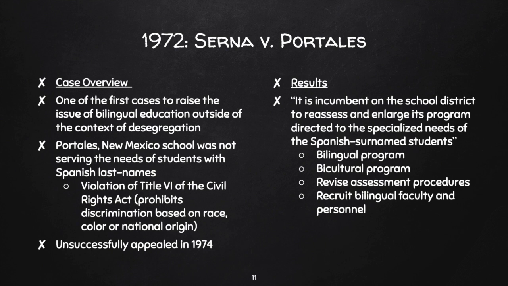The school district of Portales, New Mexico tried to appeal the ruling in 1974, but was unsuccessful. So you'll see this case come up in '72 and then unsuccessfully appealed in '74. Again, the judge did find that the school district of Portales, New Mexico was underserving students.